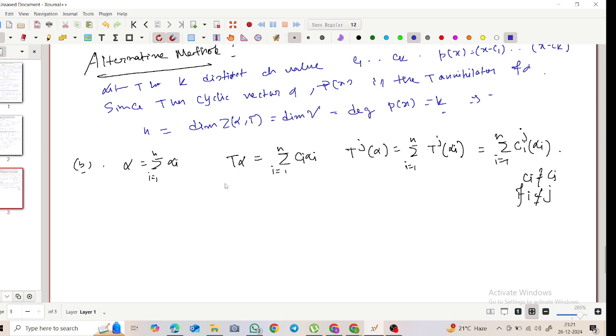So now we will have to check whether this linear combination is 0 or not. So take a linear combination: lambda 0 alpha plus lambda 1 summation ci alpha i, up to lambda n minus 1 summation ci alpha i.